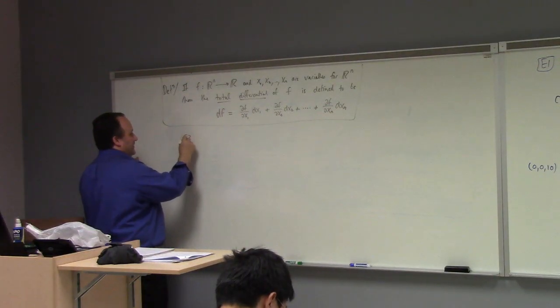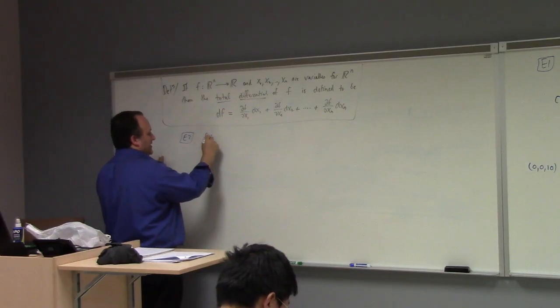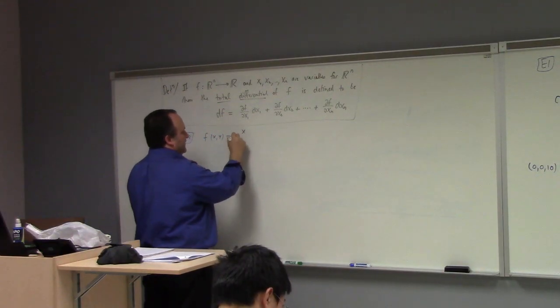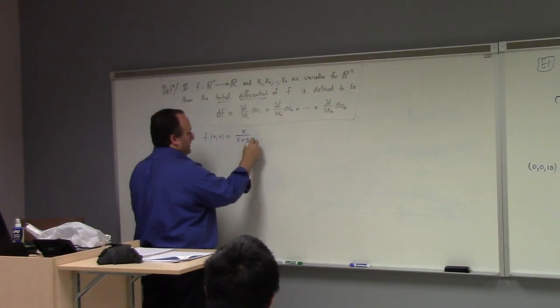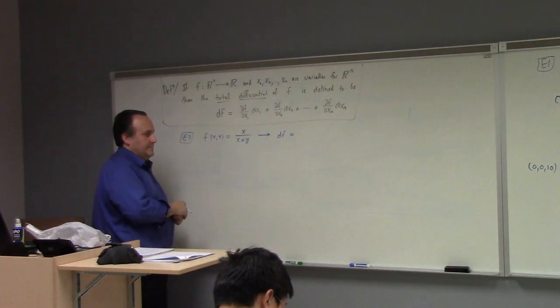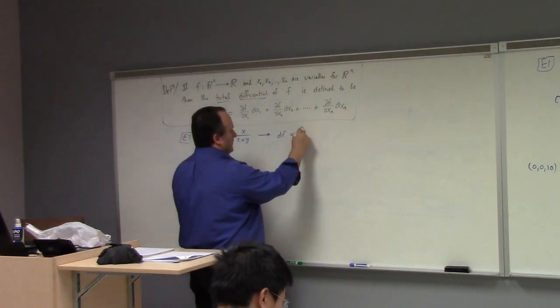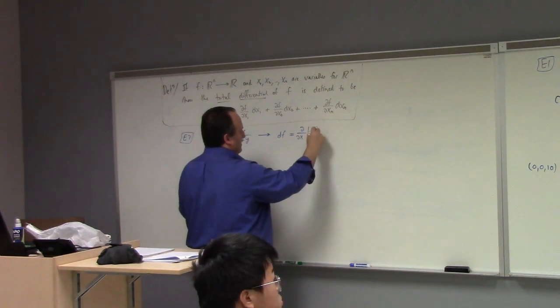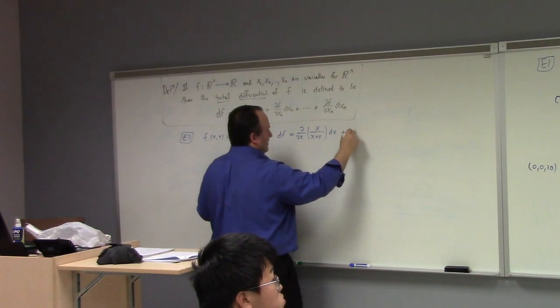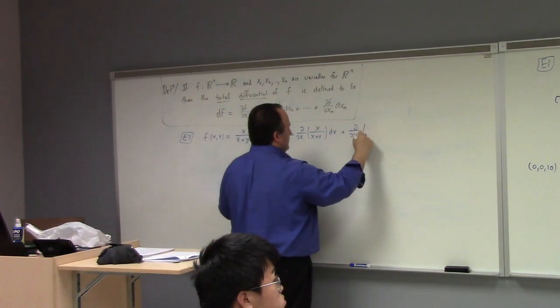So I guess this was example 2. Example 3, suppose we had f of x, y equal to x over x plus y. What's df equal to? I have to do these partial derivatives.